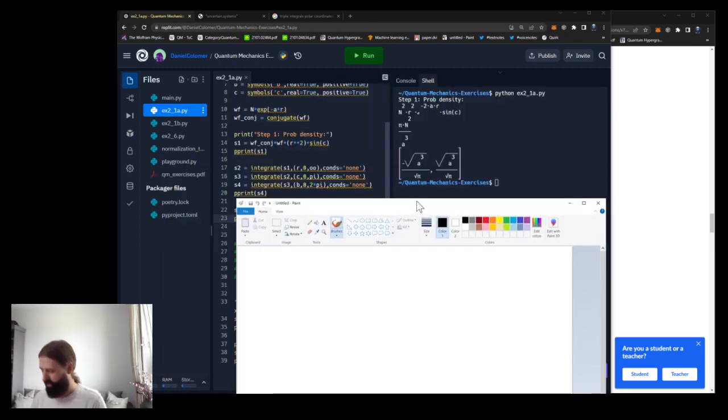But like, so this is a to the 2/3 divided by pi to the 1/2. And so the solution we have is what?